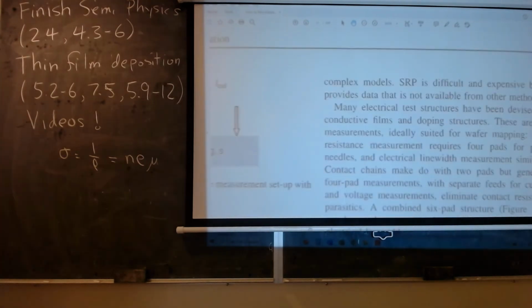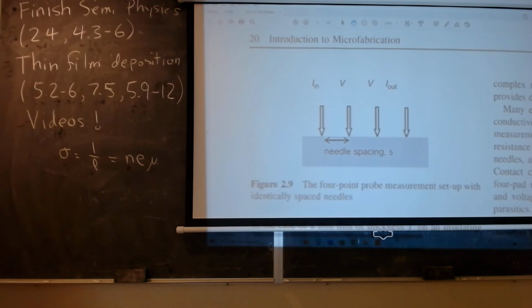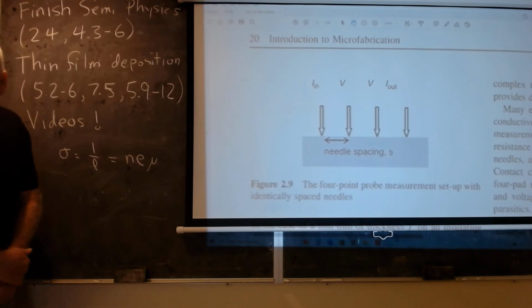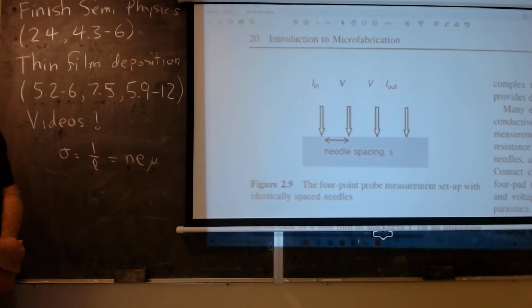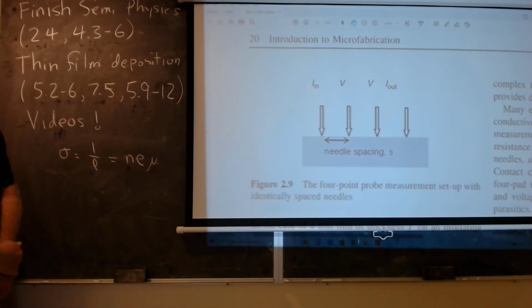because you need to understand that there's a device in the clean room that you would use to measure what the resistivity or conductivity of your material is. And it's called a 4-point probe. You may ask yourself, well, why can't you just use a 2-point probe?